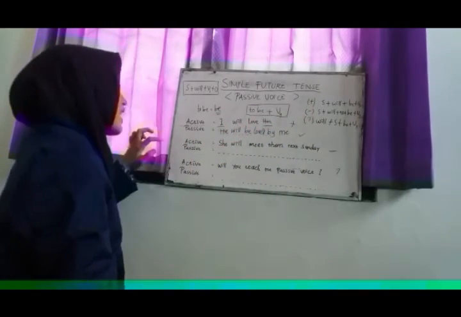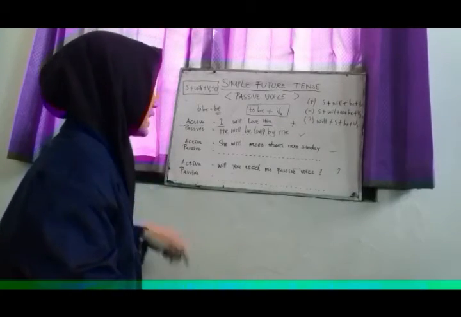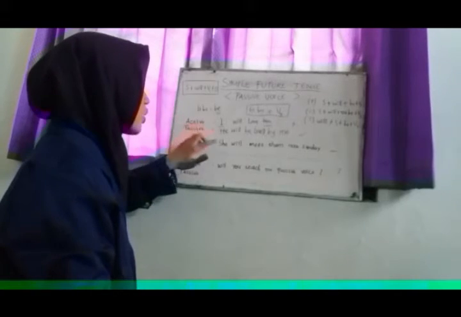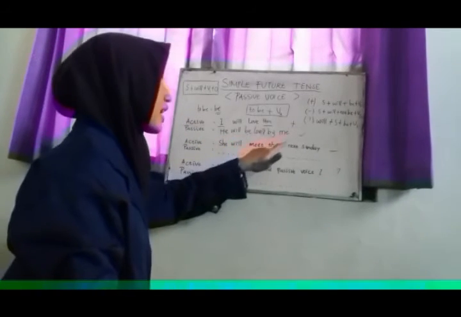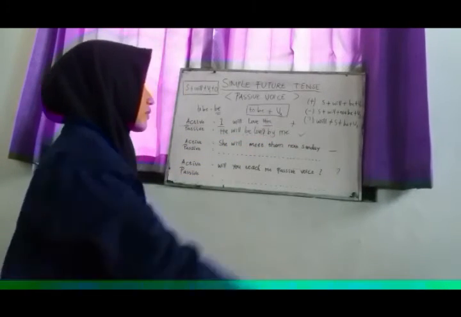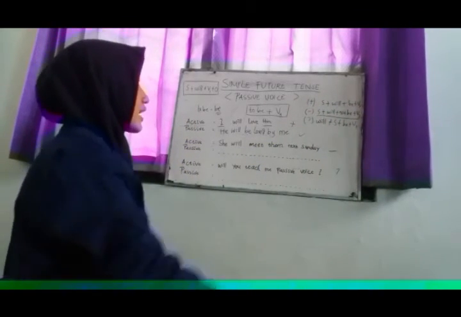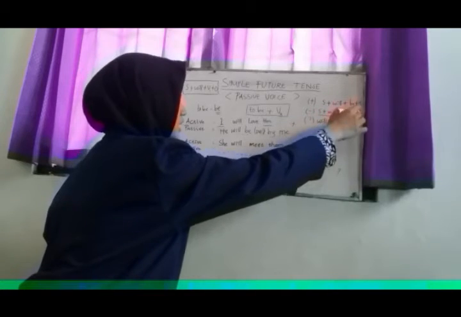Alright. And then, next. This is the negative sentence. She will meet them next Sunday. This is the formula: subject will not be.